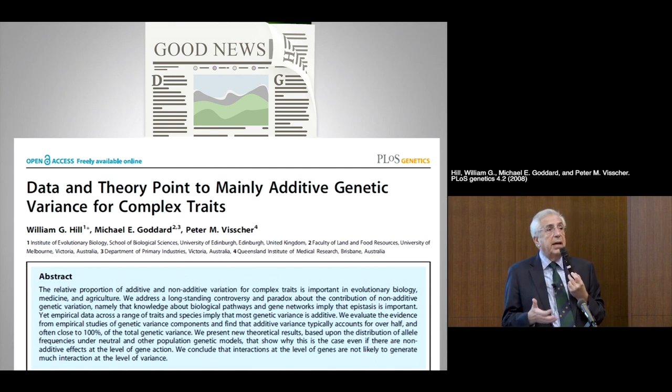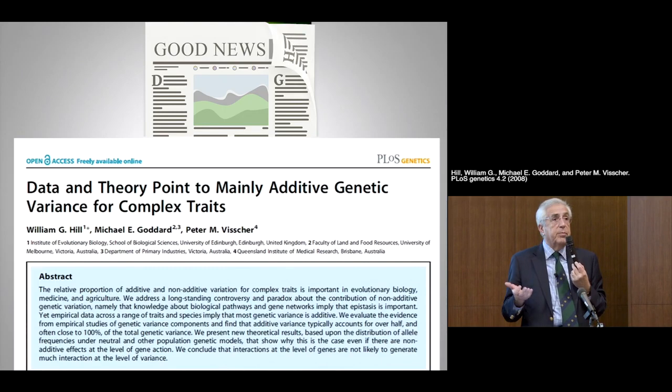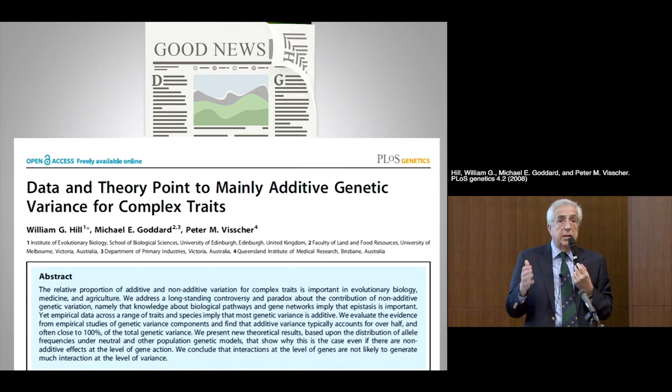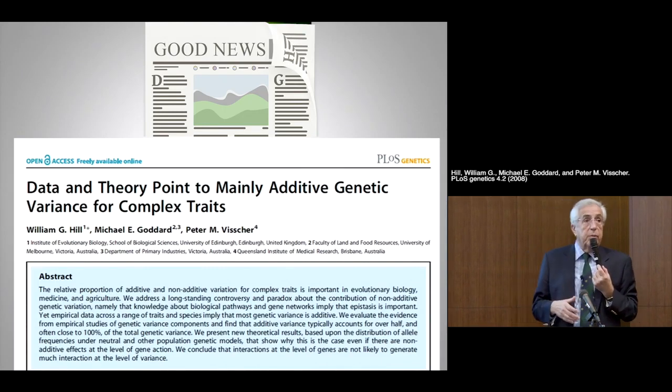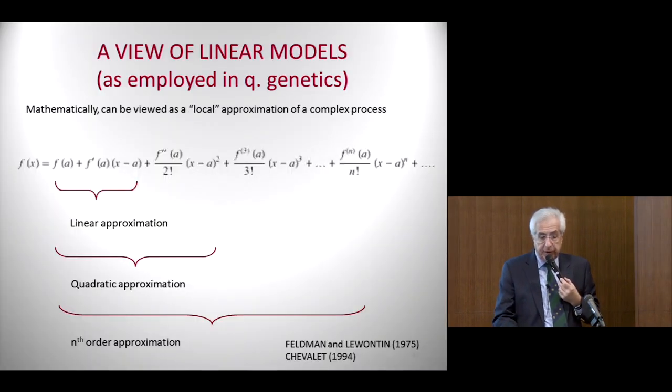They are generating additive variance, so we will never be able to understand complexity using linear models, because linear models or standard parametric methods most of the time will tell us that interaction is not important or that it contributes very little to the variance. Yet, we know that mechanistically it's expected to be quite important.